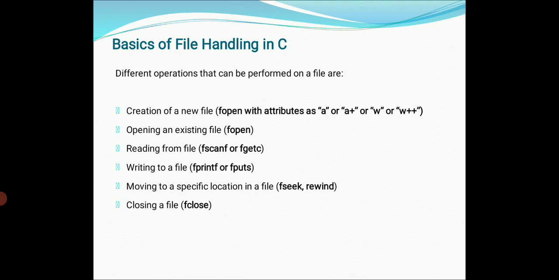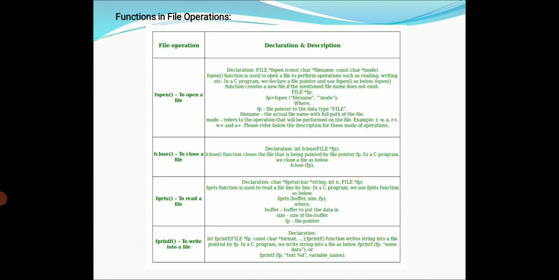The third operation is reading from the file, which is done by using the function fscanf or fgetc. The next operation is writing to a file, which is done by using the function fprintf or fputs. The next operation is moving to a specific location in a file by using the function fseek and also the rewind function. The last operation is closing a file, which is done by using the function fclose. So these are some of the functions in file operation.